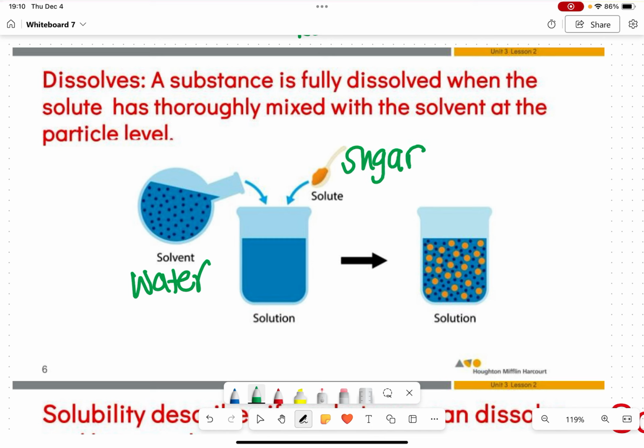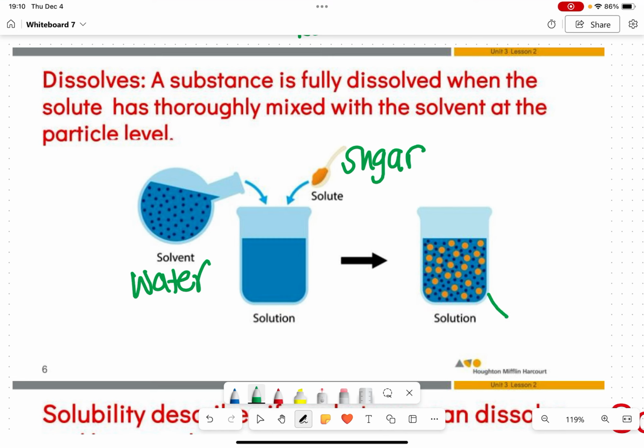I put both of those in a container. If I don't mix it and the sugar goes to the bottom, that sugar is not dissolved. But when I mix it together and I can no longer see the sugar, that would be an example of the sugar being dissolved.